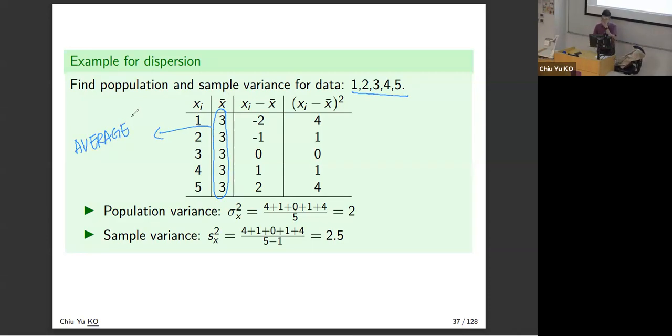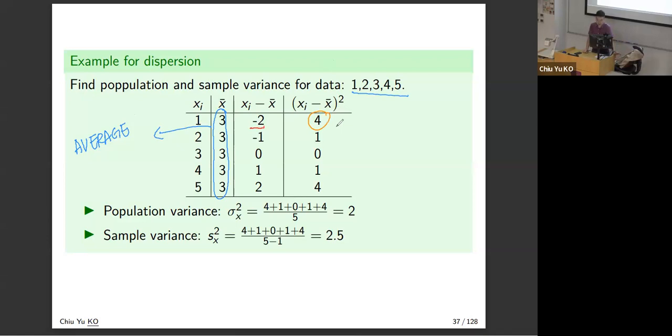Average is the mean of the data. The third column is just subtraction, from the first to the second, 1 minus 3, and so on and so forth. And the next one is the square of the previous column.